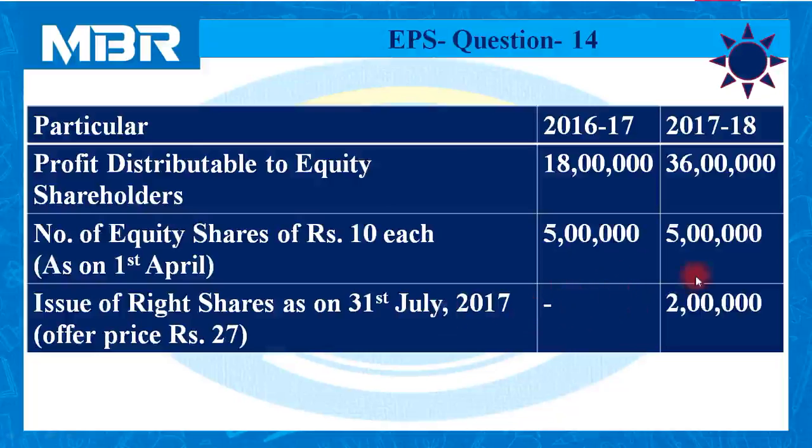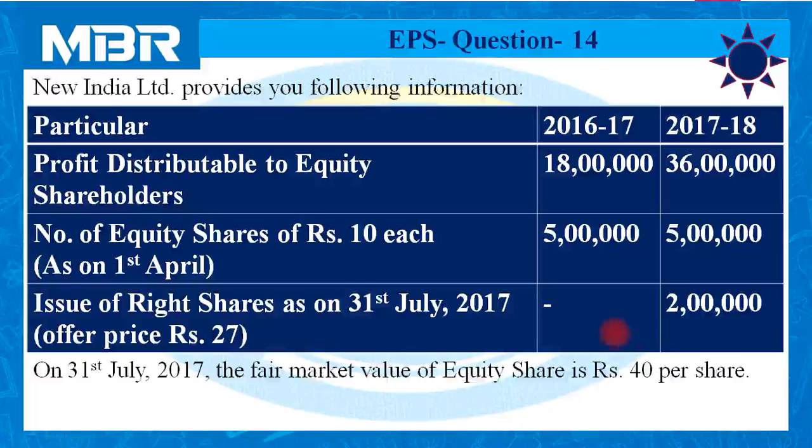Here, instead of the ratio, the examiner has provided information on the number of right shares issued to the existing equity shareholders, and right shares are 2 lakhs in number, based on 5 lakhs multiplied by 2 divided by 5. On 31st July 2017, the fair market value of equity share is rupees 40 per share.